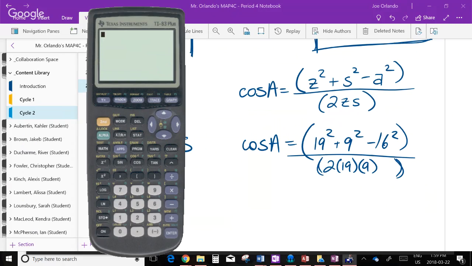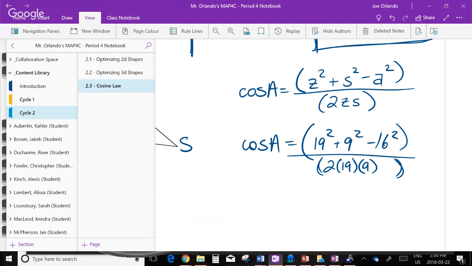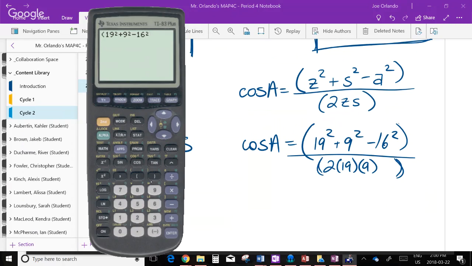Anyway. Okay, so how am I going to plug this in? I start with a bracket for the whole top. And I'm just going to put it exactly how we see here. 19 squared plus 9 squared minus 16 squared. But then what do I need to do? I need to close this bracket.